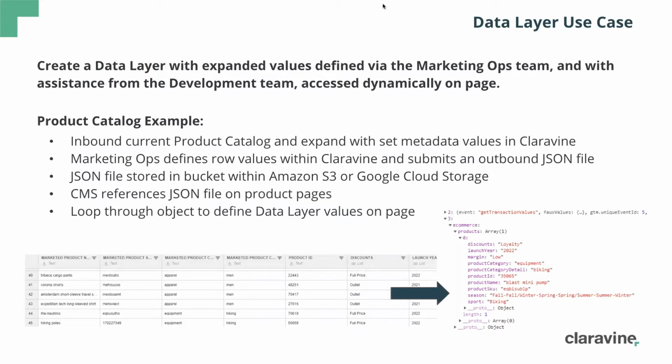And then once you have that ability to reference that file on your pages, then we're just talking basically your dev creates a loop, pushes the data layer out when needed. And as you see here in the screenshots, that would be the final item you would want to see.